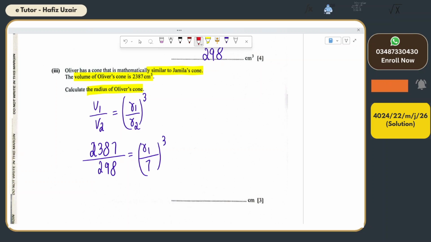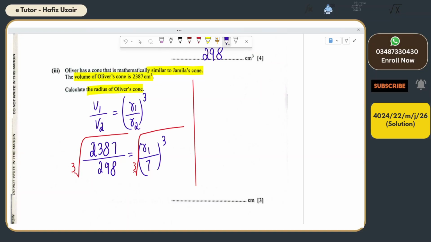Let's take the cube root on both sides to remove the cube. Now you will have the cube root of 2387 over 298 is equal to R1 over 7.